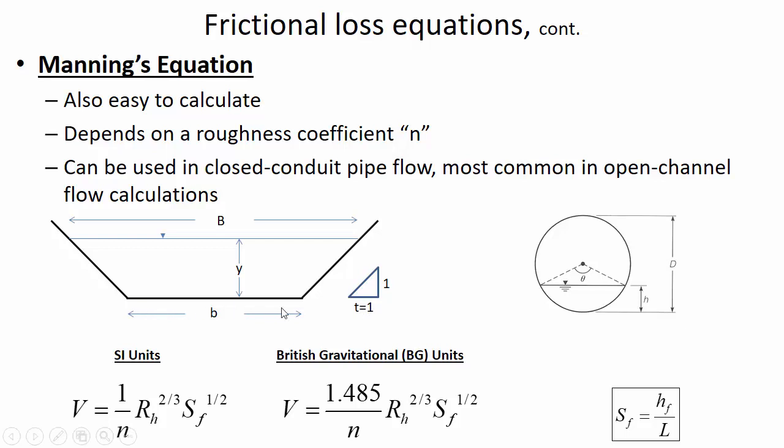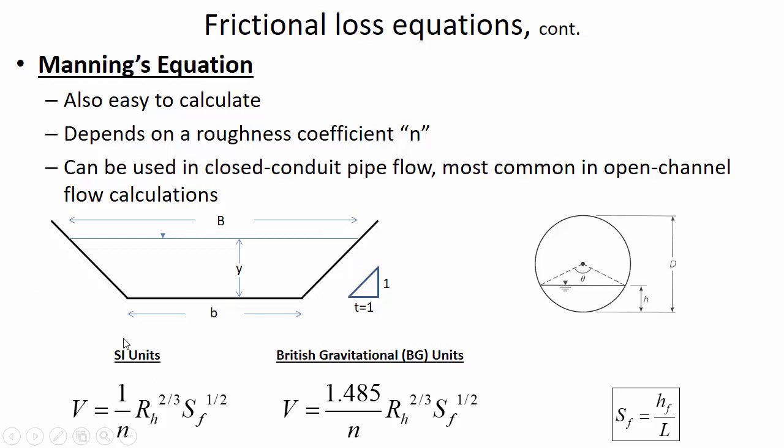This is trapezoidal geometry, where in a trapezoidal channel there's some bottom width, a top width, and a series of equations we can use to find out what's the wetted perimeter and the cross-sectional area, because we can't just use d divided by 4 for something like this.